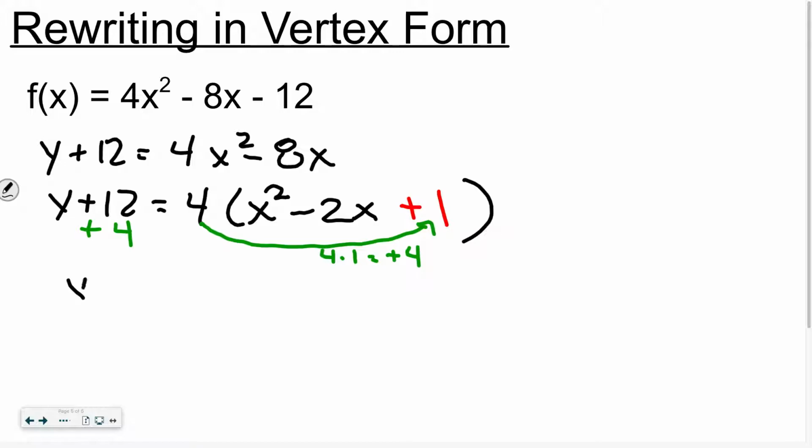That leaves me with y plus 16 equals 4 times x minus 1. Follow the sign of the middle term. Half of the middle term is 1, or the square root of 1 is 1, and then subtract 16.